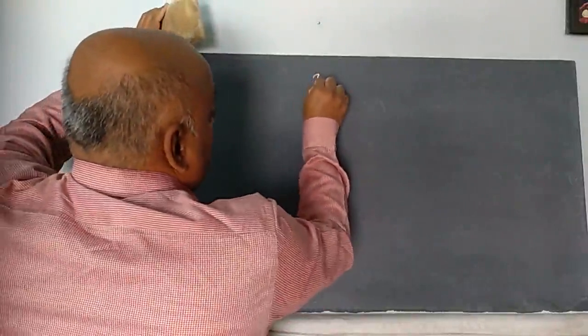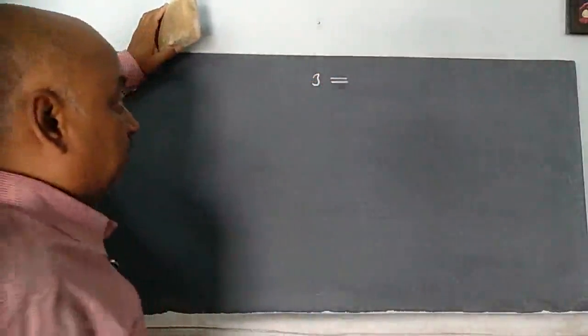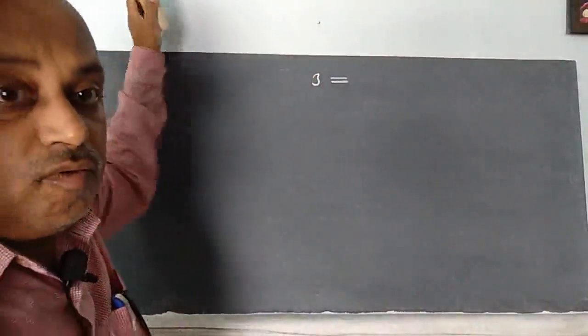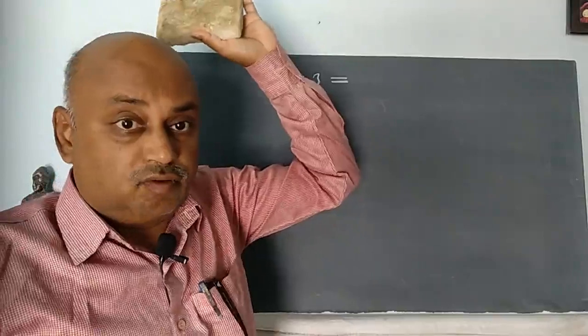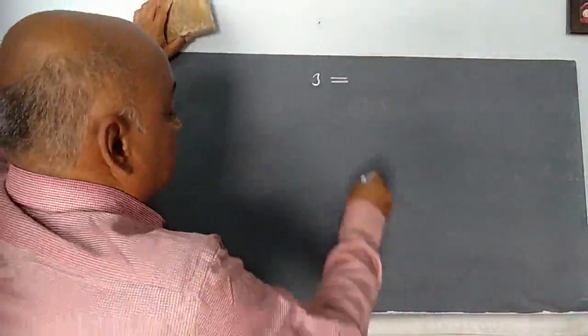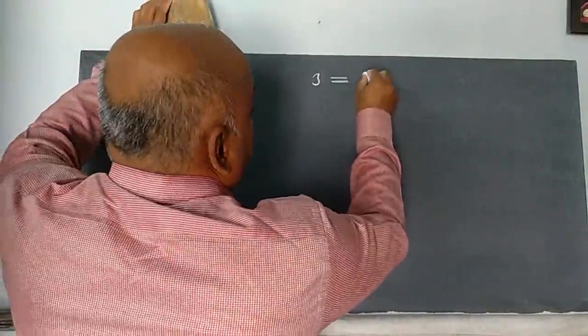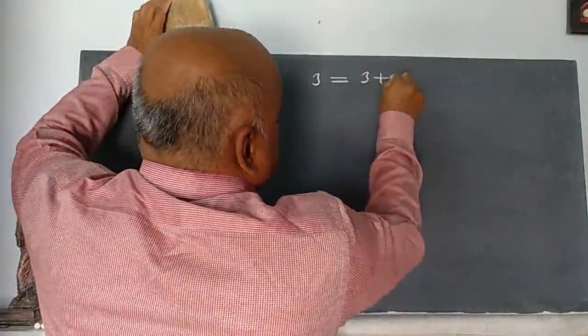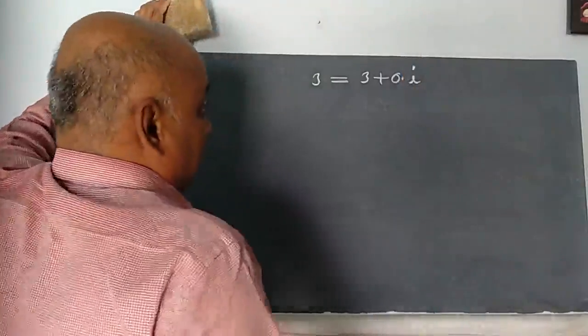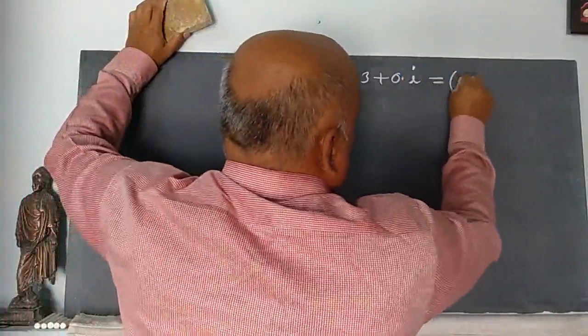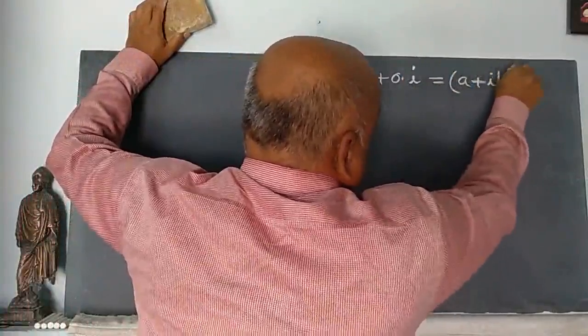Suppose we take the number 3, what is its conjugate? See, 3 equals 3 plus 0 into i, which is in the form of a plus ib.